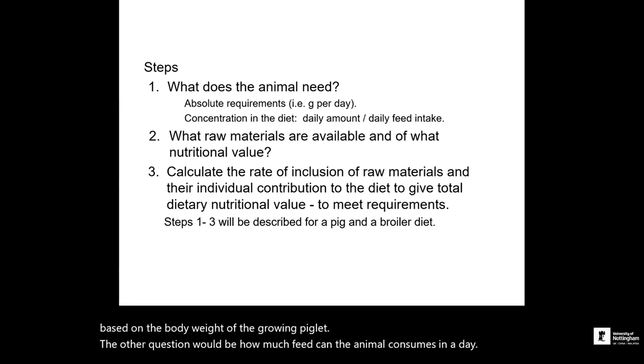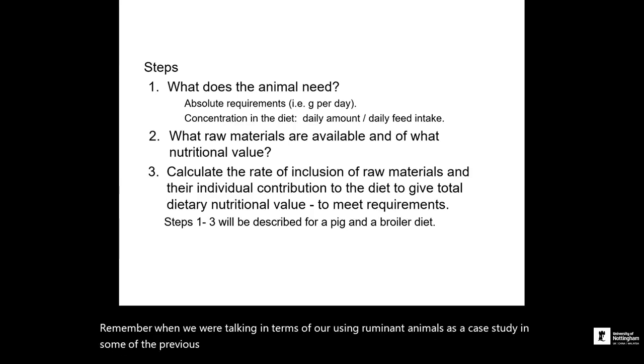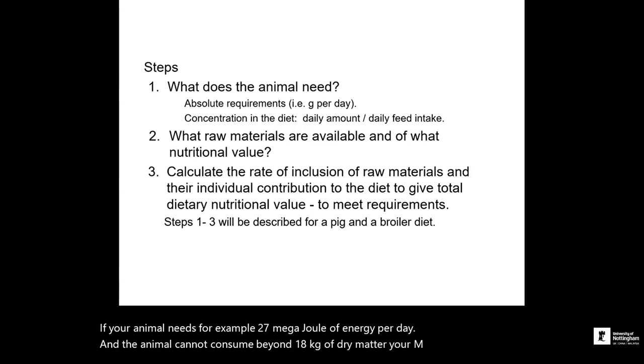Remember when we were talking in terms of using ruminant animals as a case study in some of the previous classes, I told us we have to be able to quantify the dry matter intake when we're talking about the M over D. If your animal needs, for example, 207 megajoule of energy per day, and the animal cannot consume beyond 18 kg of dry matter, your M over D will be 207 divided by 18.